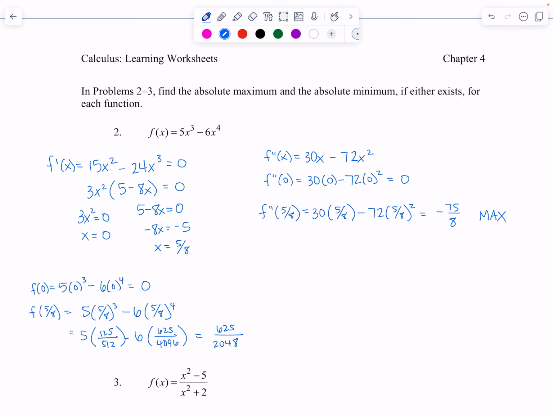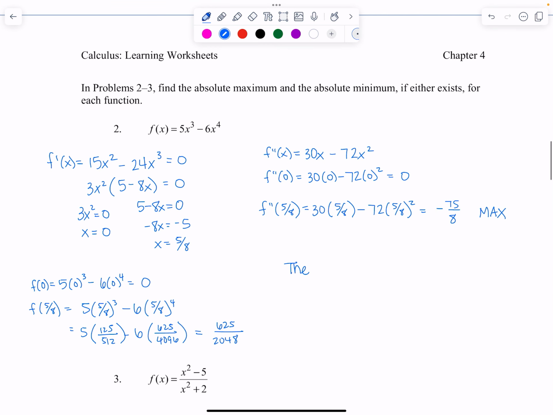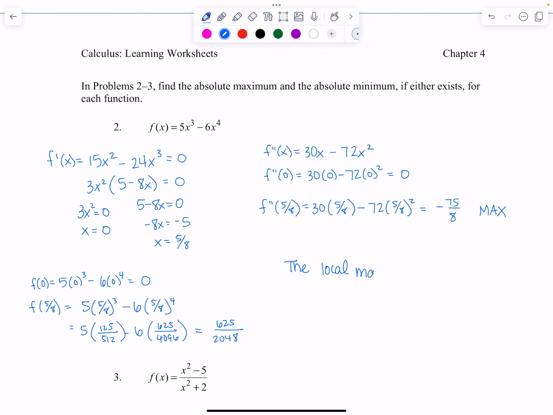So the local maximum is at 5/8, 625 over 2048, and the local minimum is at 0, 0.